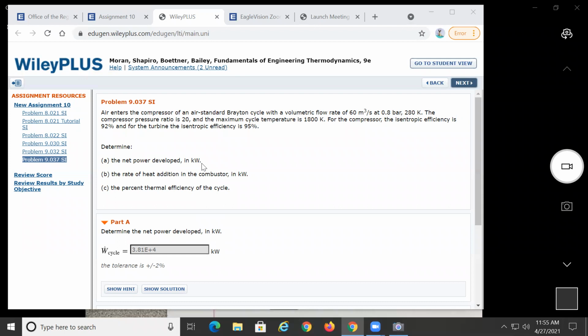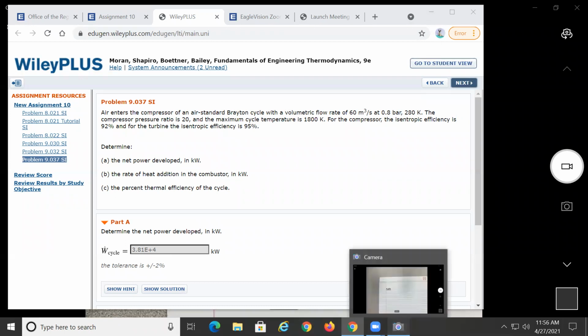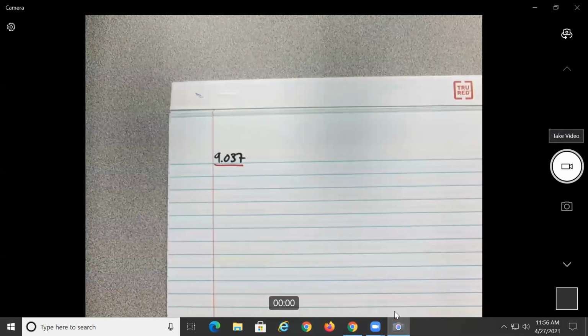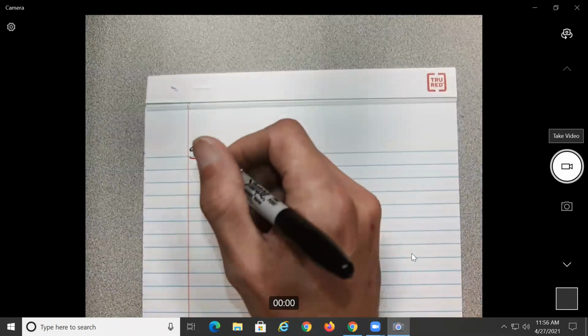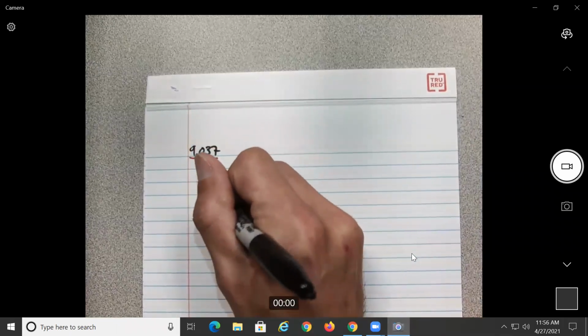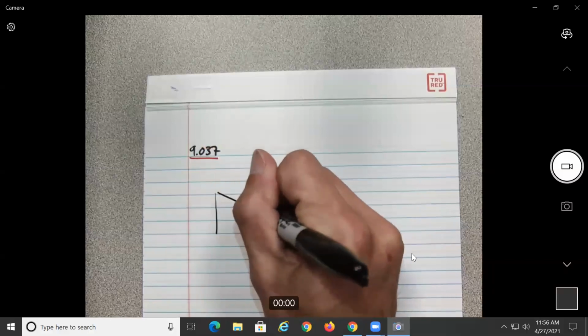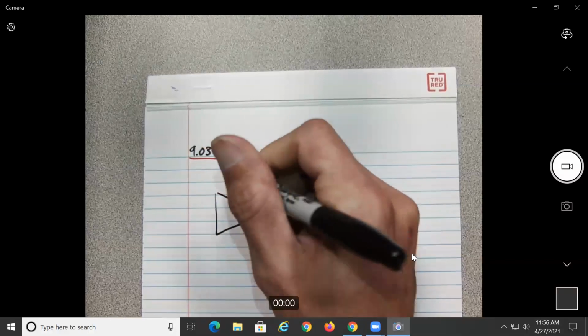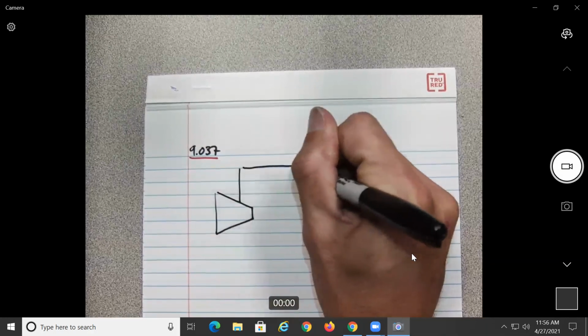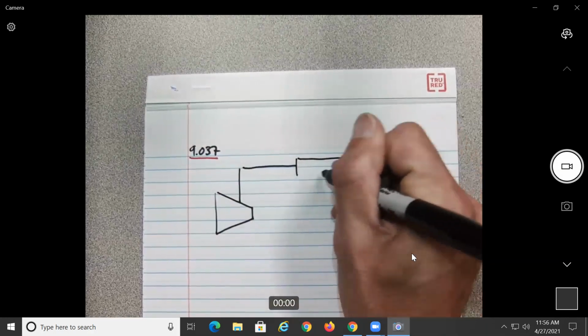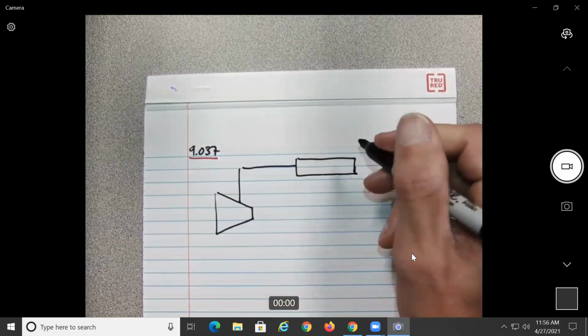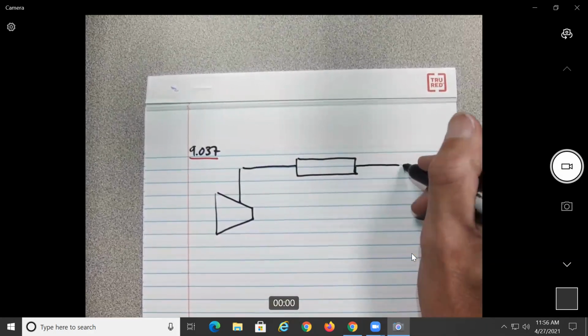Okay, so over here, first thing I will do the figure for the Brayton cycle that we just did, and then we'll have to do more figures, no? So I will do the Brayton cycle. Again, we know that you need a compressor, you need a heat exchanger, but this should be like a combustion chamber.